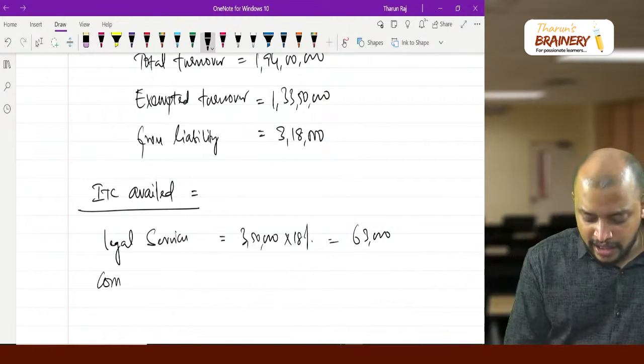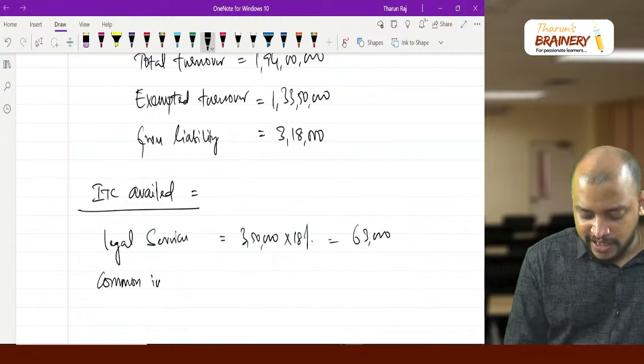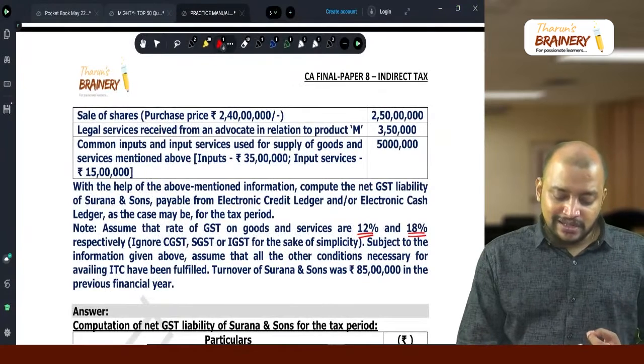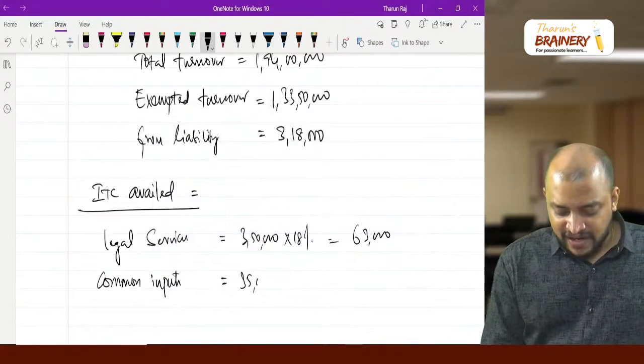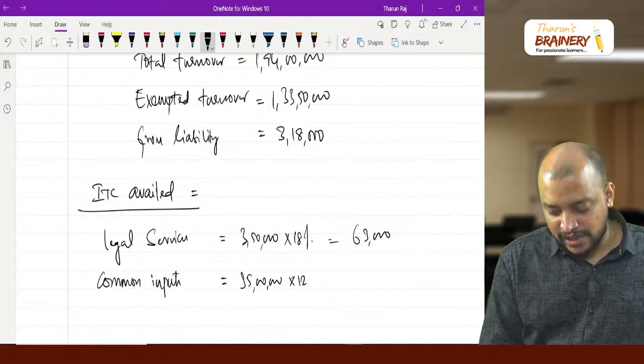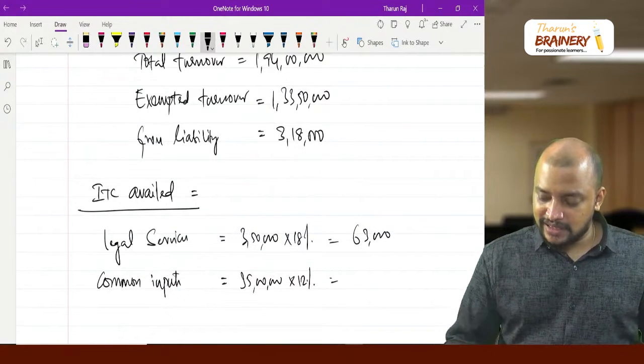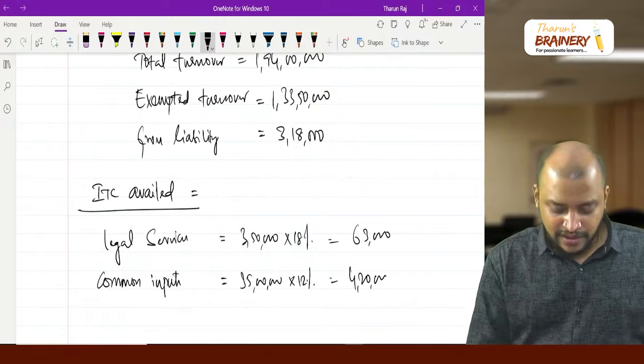Then common inputs. The common inputs is 35 lakhs. On 35 lakhs, the rate of GST is 12%, so 35 lakhs into 12% is 4,20,000.